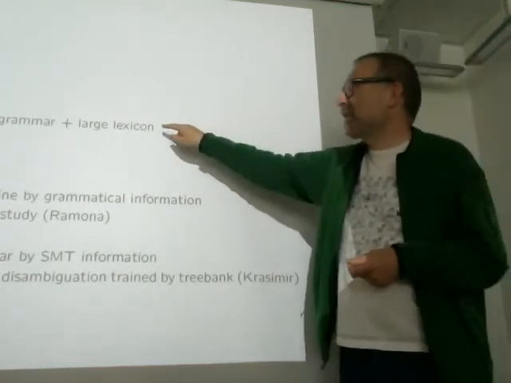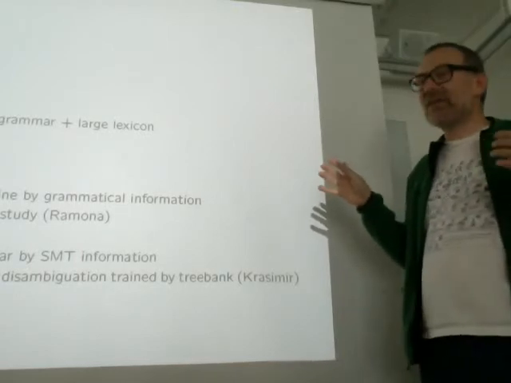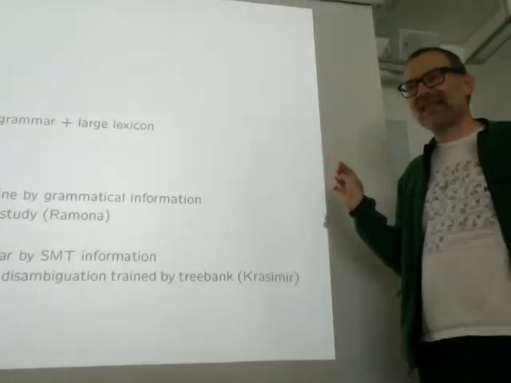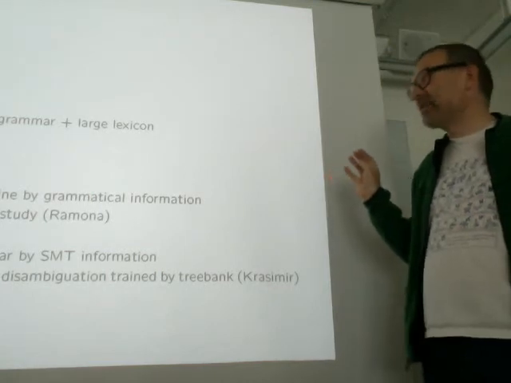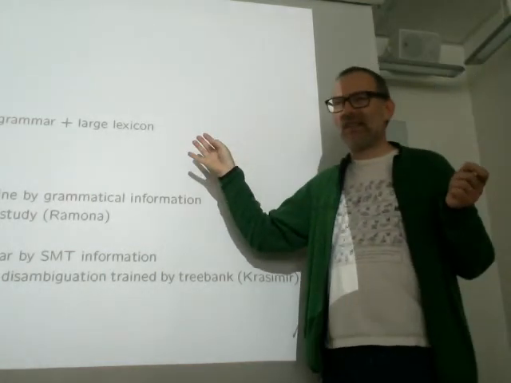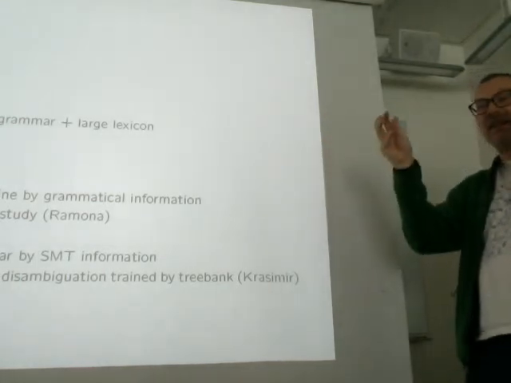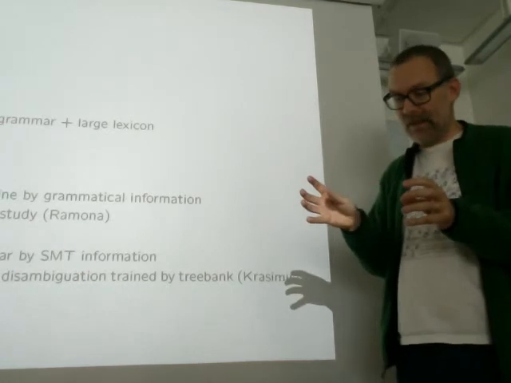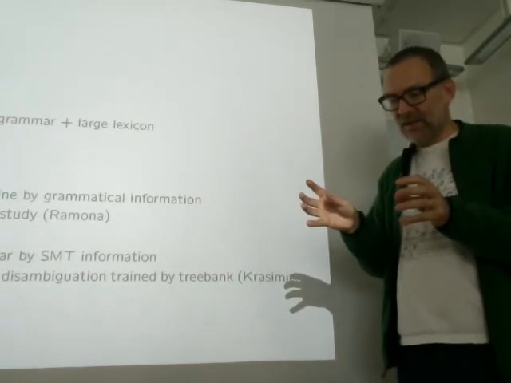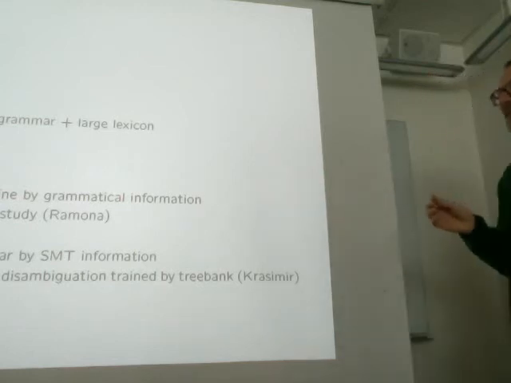The baseline that we have, if you want to build an open domain translation, is that we use the resource grammar syntax as an abstract syntax, as an interlingua, and then we have a large morphological lexicon on each side, and in addition a bilingual lexicon.